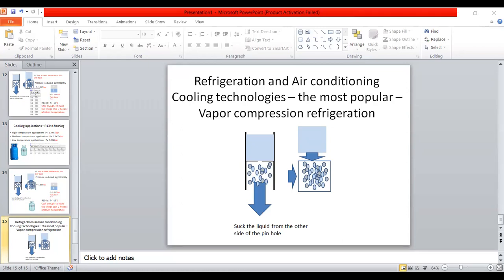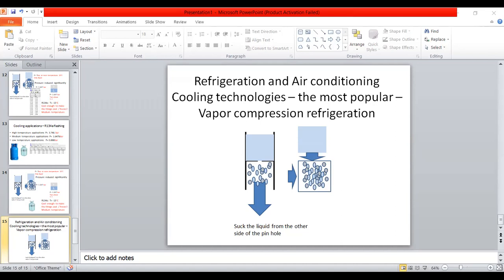One we call capillary. Capillary tubes in refrigeration we are using for this flashing. So later you have to design this as well. So capillary tubes we are using.